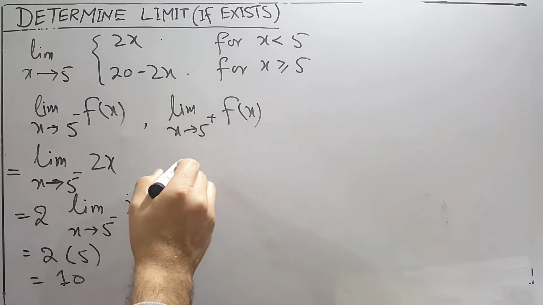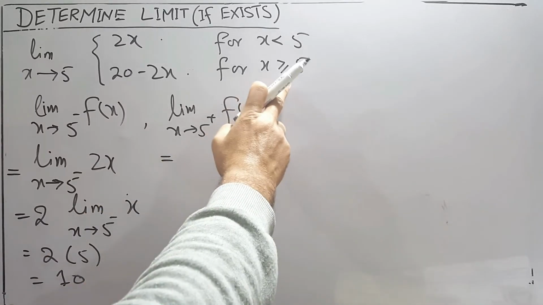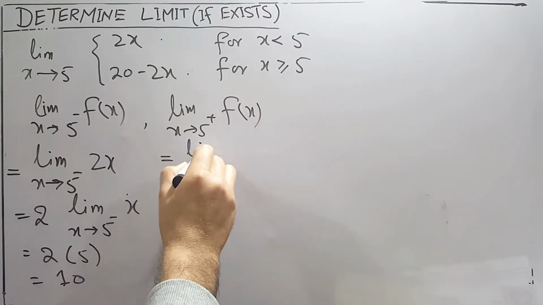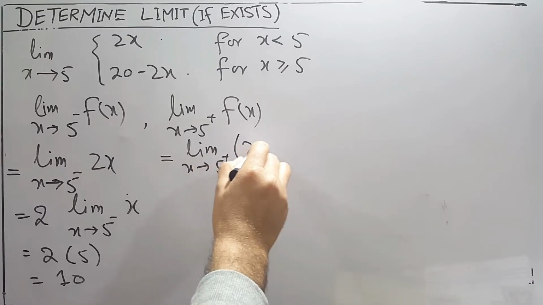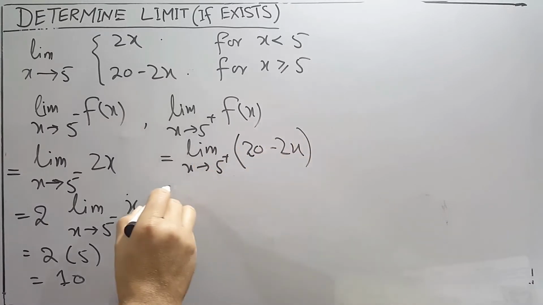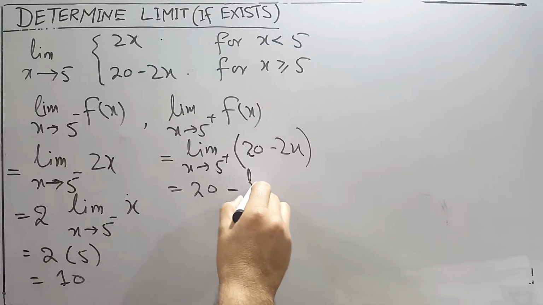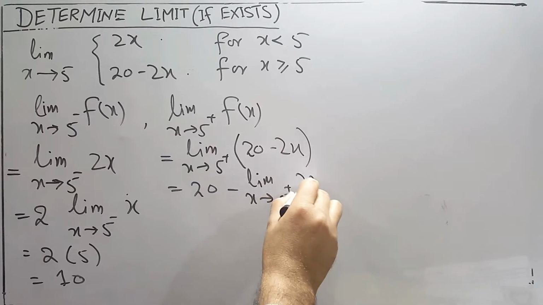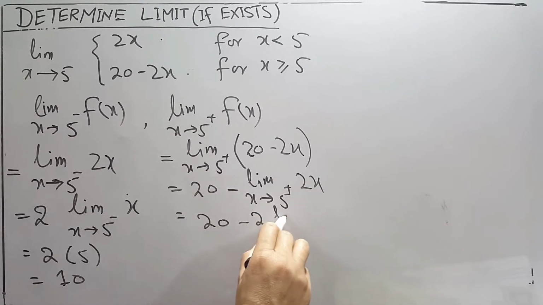Similarly, on this one, you can apply the right hand side limit. When x is 5 or greater than 5, you have this function, so you can apply the limit on 20 minus 2x. 20 is a constant, so we don't apply the limit on that, and then you apply the limit on the second one, 2x. Again, 2 is a constant, so you can take this out.